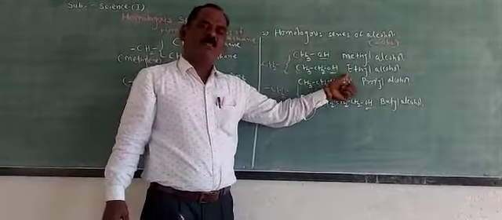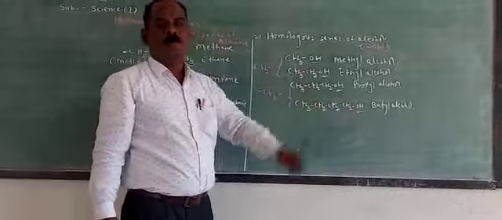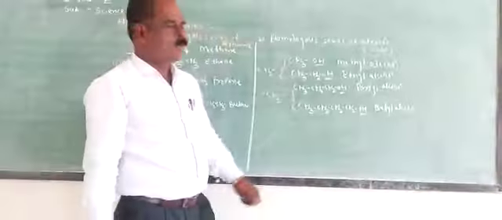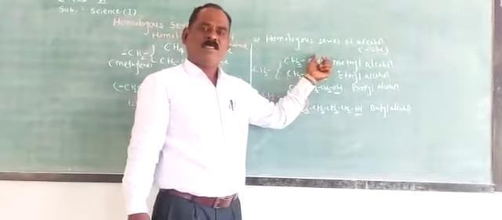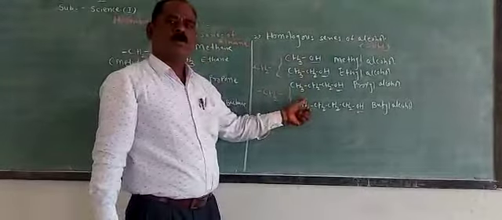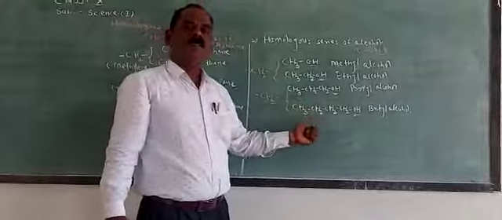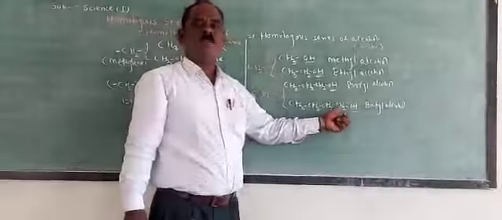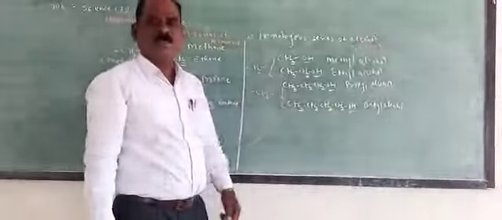Due to the presence of the same functional group, they have similar chemical properties, because the functional group is responsible for chemical properties. Second characteristic: all compounds of a homologous series are prepared by the same chemical methods, because they have the same functional group.